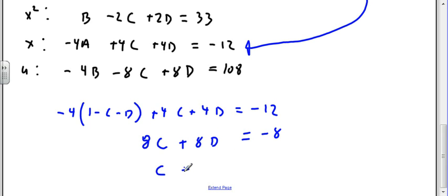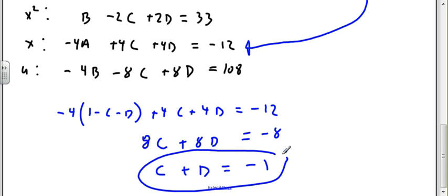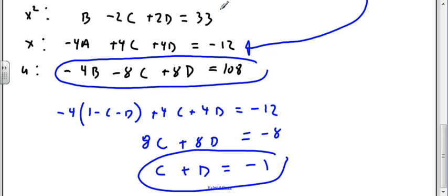Okay, so c plus d is equal to minus 1. So I've got one equation, two equations, three equations, and three unknowns that I can just put in my calculator. All right, solve system of equations, 3 by 3.